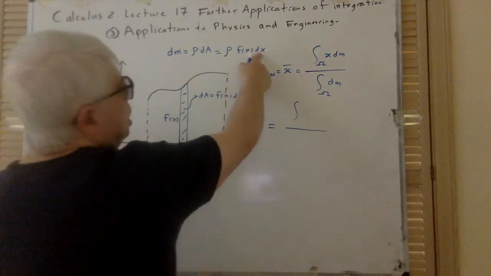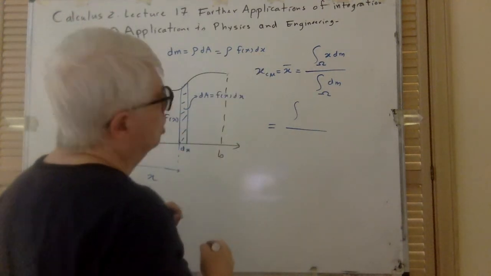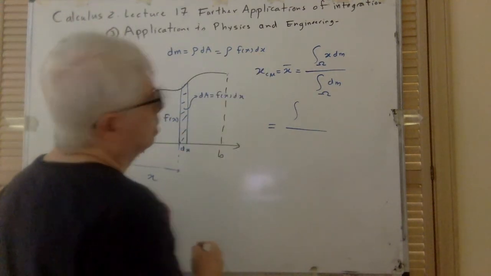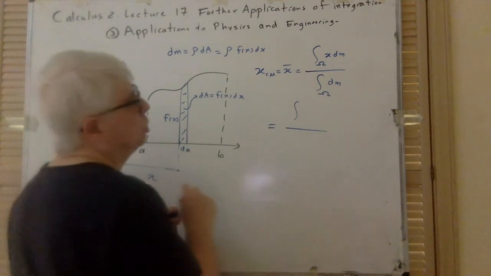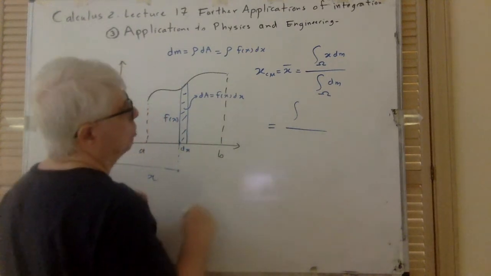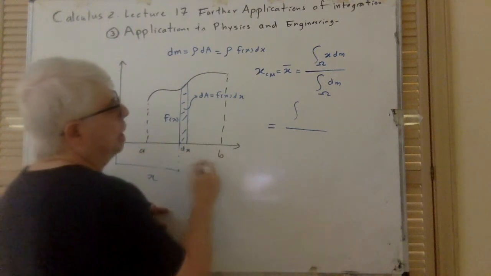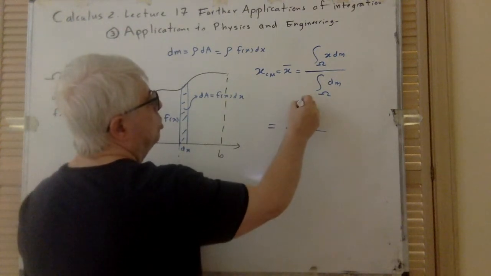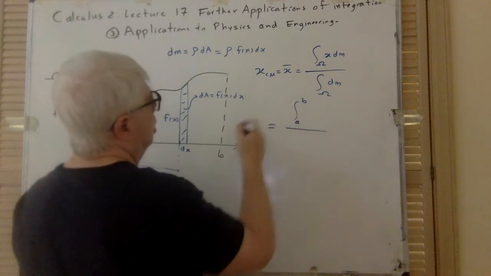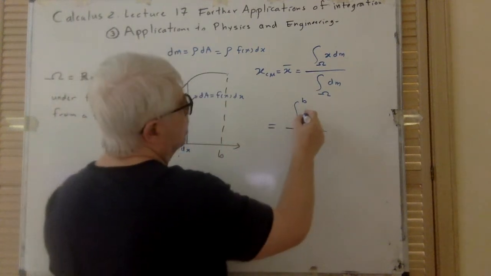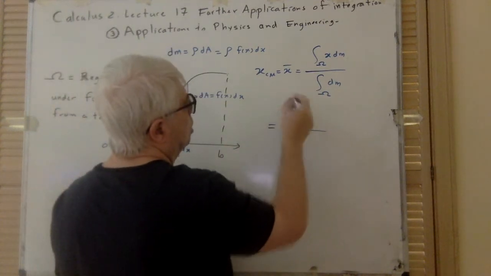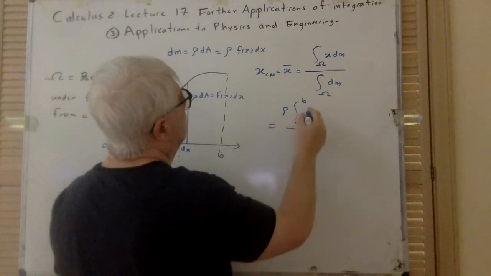Since dm is dx times something, dm eventually has dx in it, so the eventual differential is simply dx. So the integral should be on x, and x goes from a to b, and we have x, there's a rho, let's write it outside and assume that it is fixed.